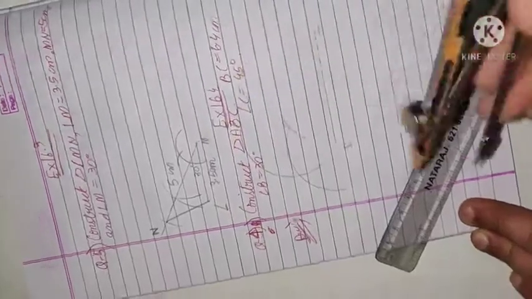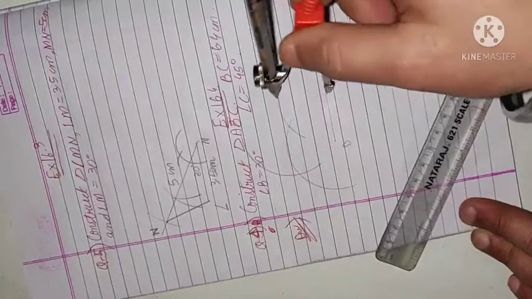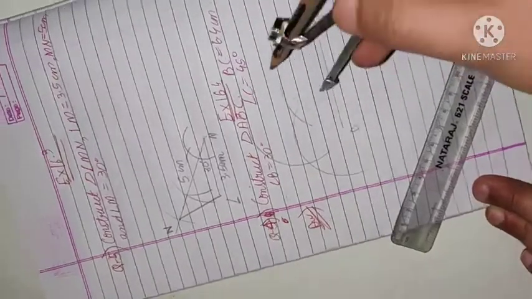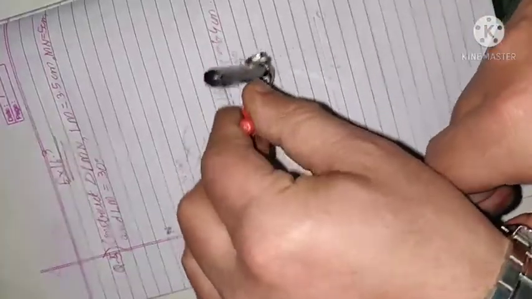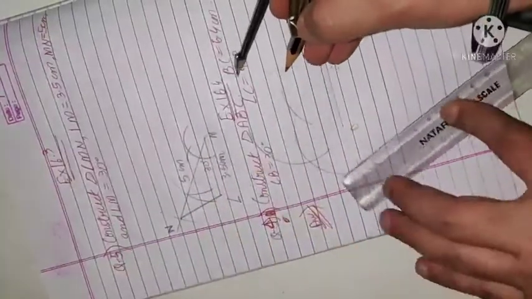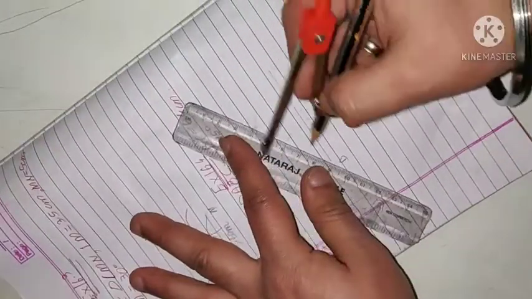We don't need 120, we can just construct through 0 and 60. So this is our point of intersection, that is, this will be our line of 30 degrees.